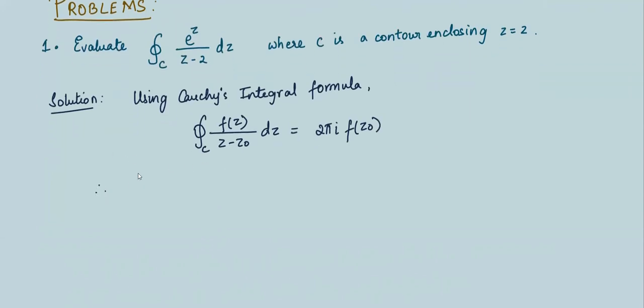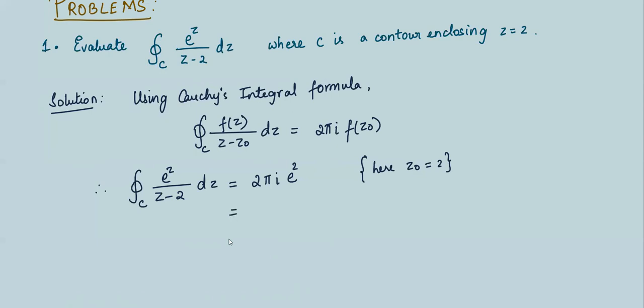So therefore, we get the integral of e power z by z minus 2 dz is 2 pi I times e power 2. What is z naught? Z naught here is 2. All right. So numerator is f. So 2 pi I e square.